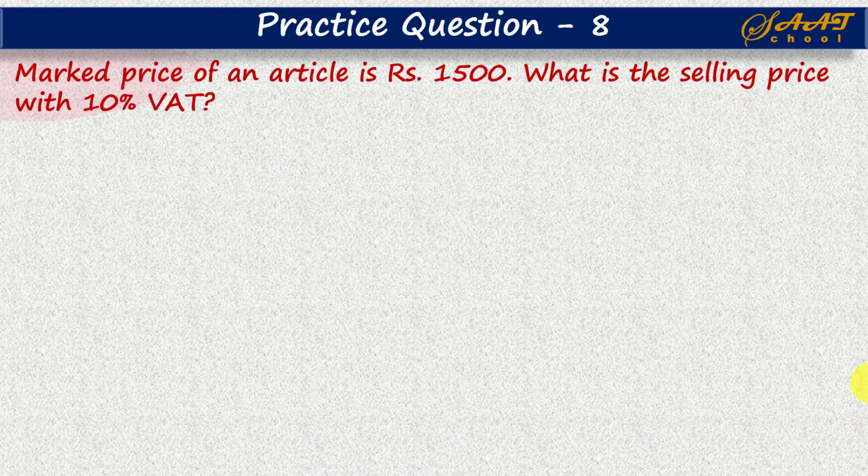Now here is practice question 8. The question is: mark price of an article is given 1500. Now you have to find selling price with 10% VAT, meaning this is the mark price and we have to find selling price with 10% VAT. Again, here discount is not allowed.